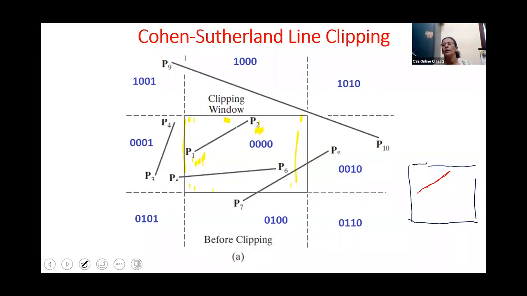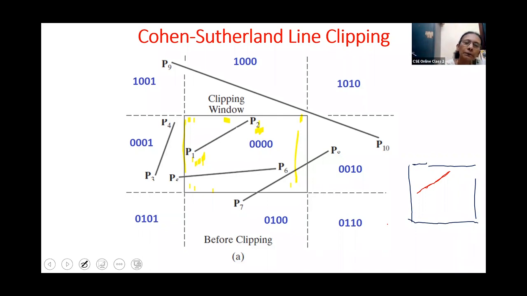Is this clear? So for a given line, we first calculate the outcodes. If the outcodes are 0, 0, 0, 0 for both the endpoints, then the line is completely visible and we will draw the line.